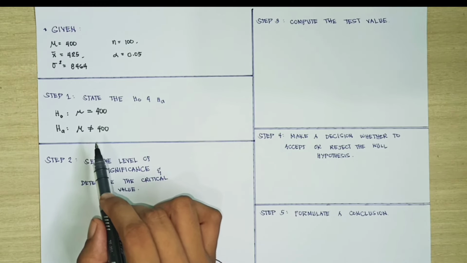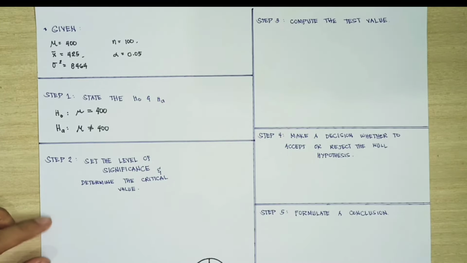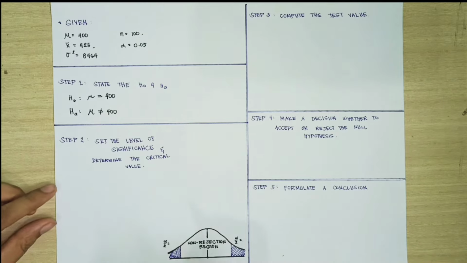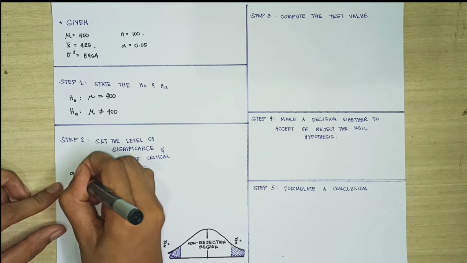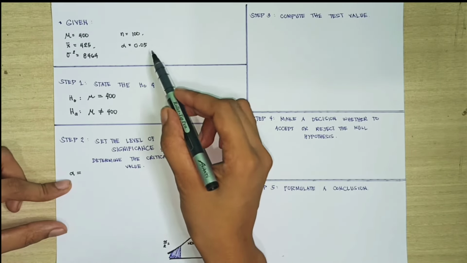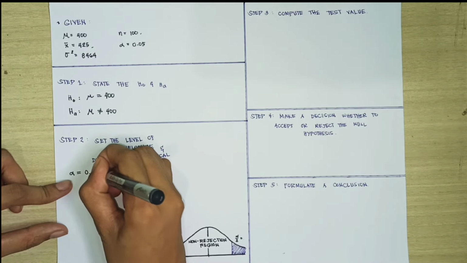Okay, so next step. Next step is set the level of significance and determine the critical value. Okay, so based on our given problem, binigay na naman po kung ano ang ating level of significance. Our alpha or level of significance is equal to, ayan, so 0.05.